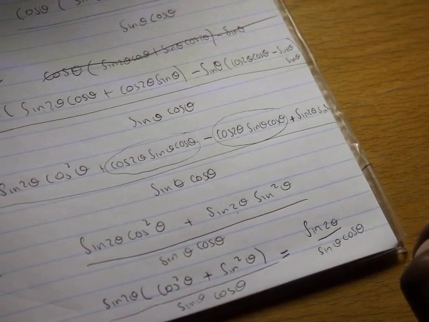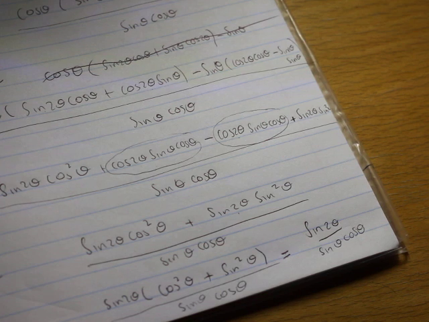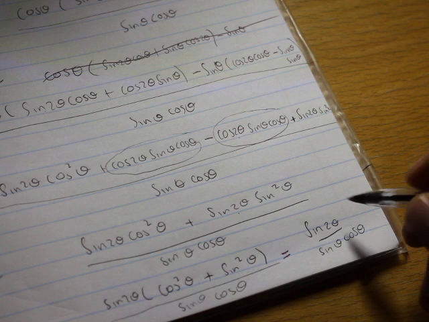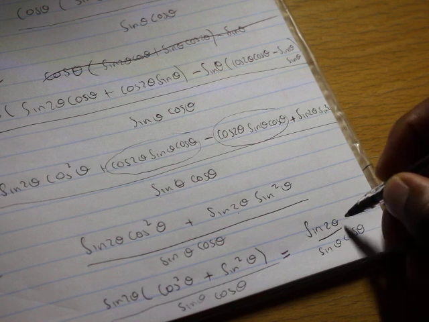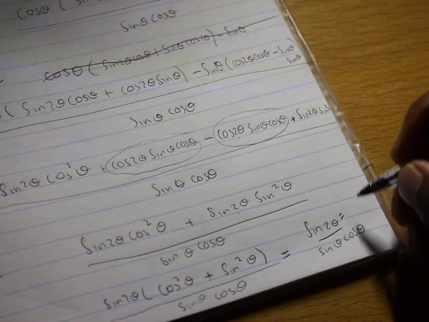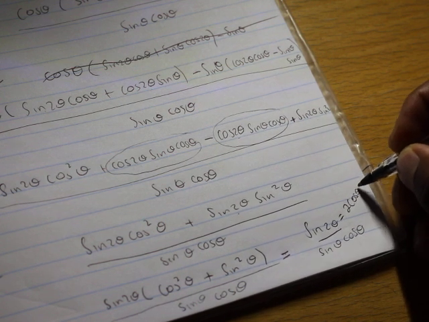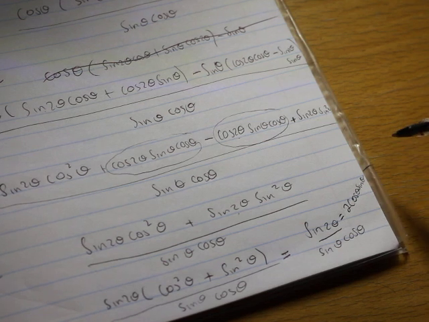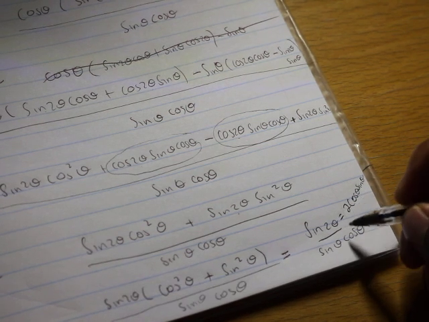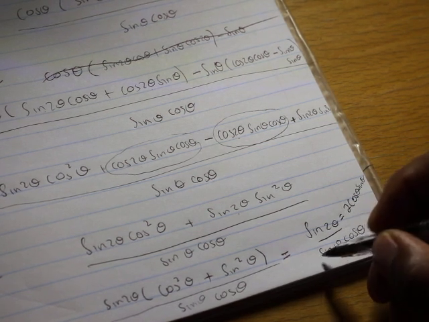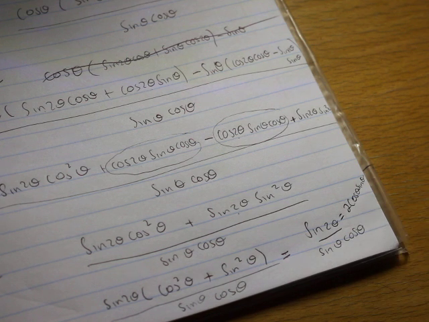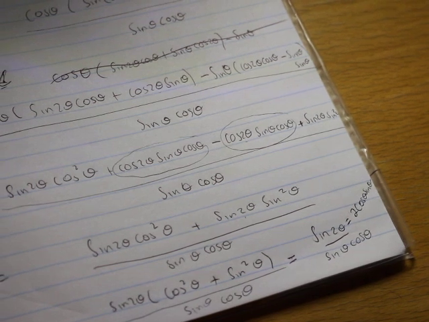So that's how you end up with a 2, because remember, sine 2 theta is just 2 cos theta sine theta. So the cosine cancels with that cosine, the sine cancels with that sine, and you're only left with the 2.